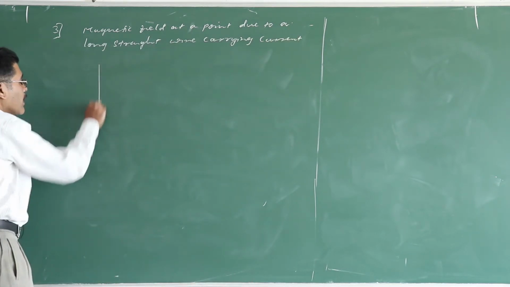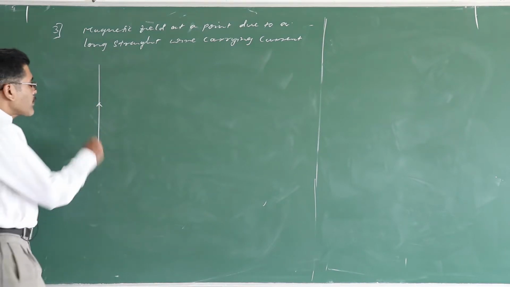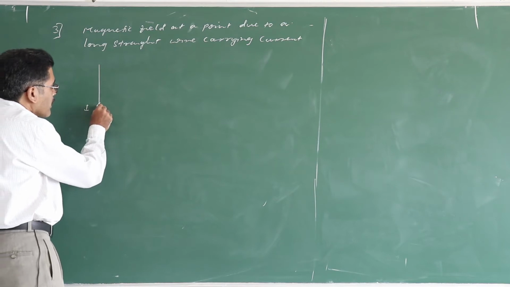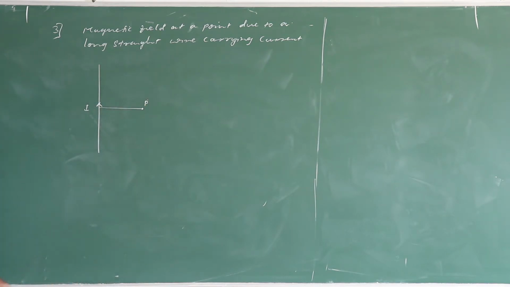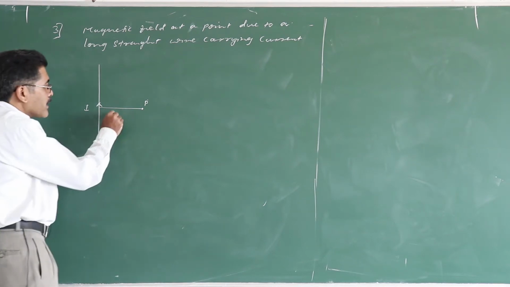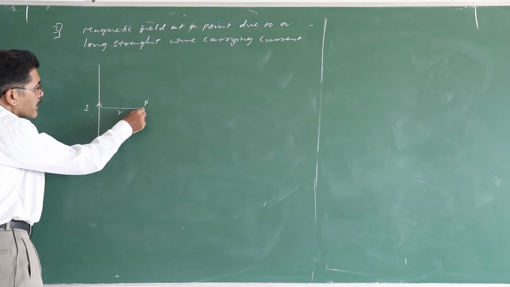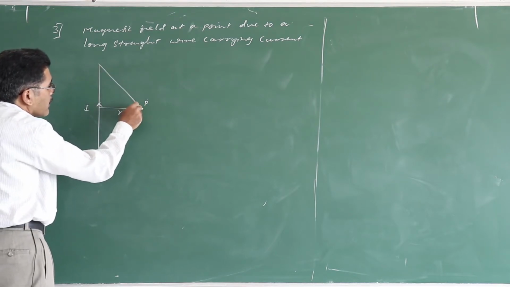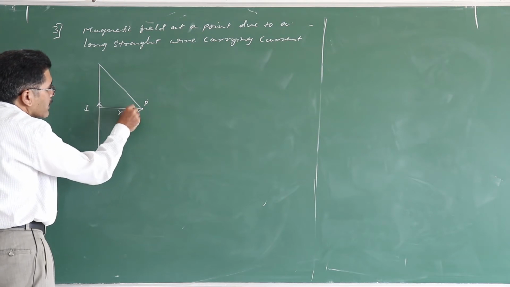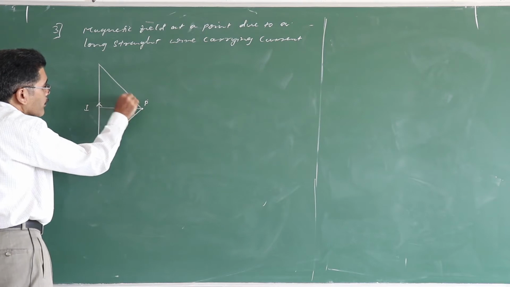We have a conductor carrying current I. Let there be a point P which is at a distance r. Now I join these two ends to the point. Let me take this angle as theta 1 and the other as theta 2.